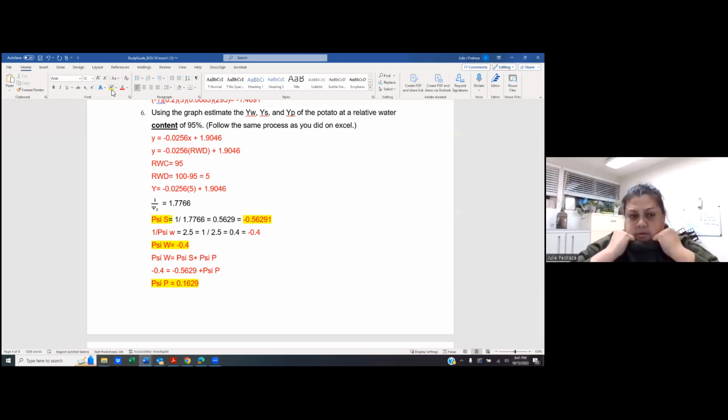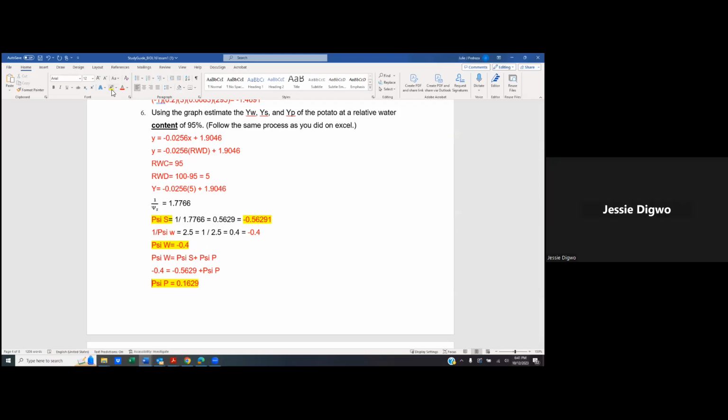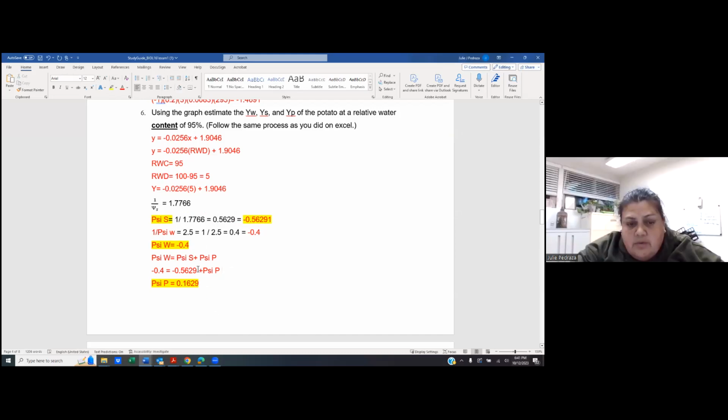Psi P. This is the equation, and remember this is algebra. When we solve for psi P, we take this number and add it here. It's negative, so we turn it to positive.